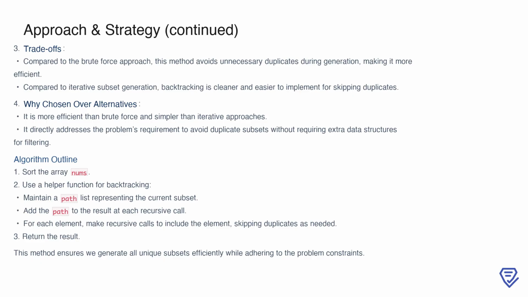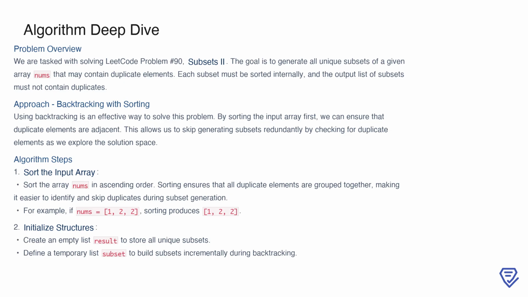for generating unique subsets. In this problem, we aim to generate all unique subsets of an array that may contain duplicates. To ensure the subsets are unique, we need the output to be free of duplicates, and each subset should be sorted internally. A backtracking approach is particularly well suited for this task.